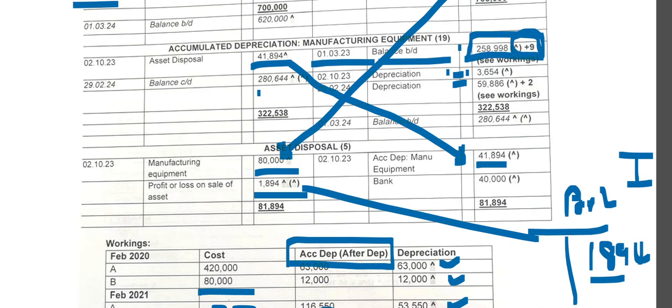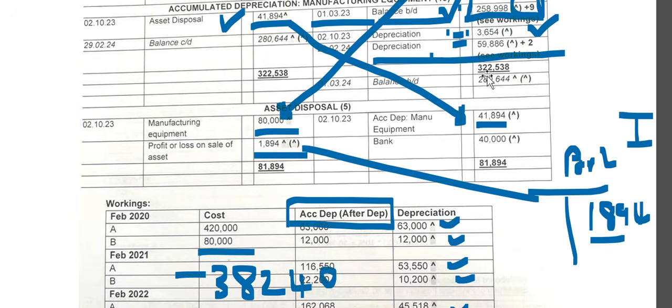So now we've done asset disposal, we got the balance brought down, we've done that depreciation. Now we need to do the depreciation at the end of the financial year for the remaining equipment, the equipment we still have.